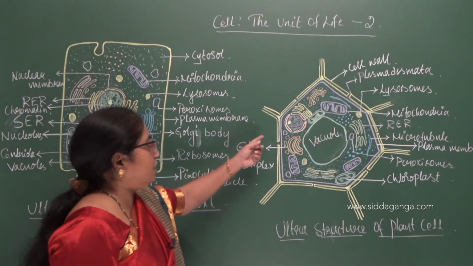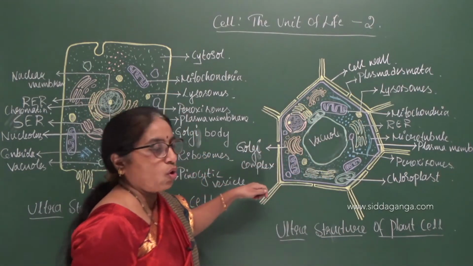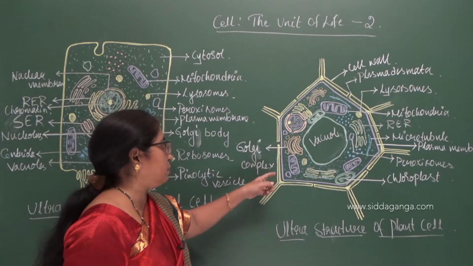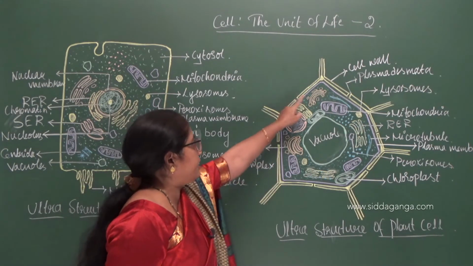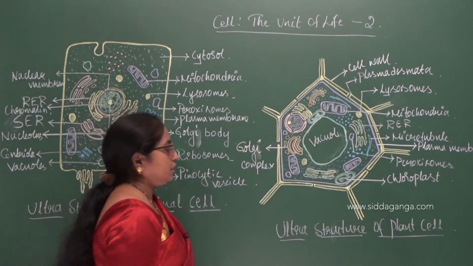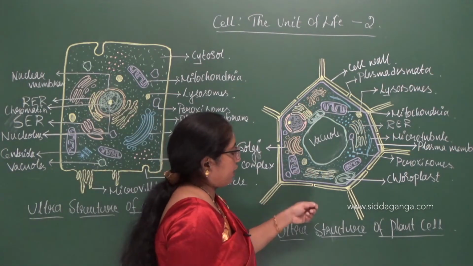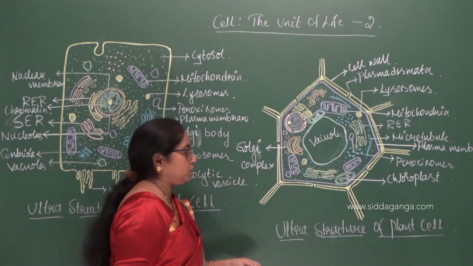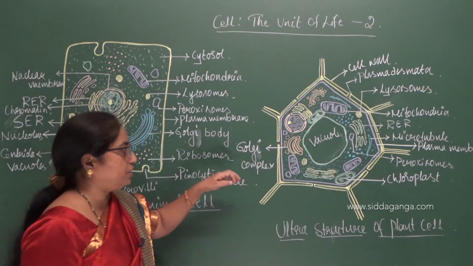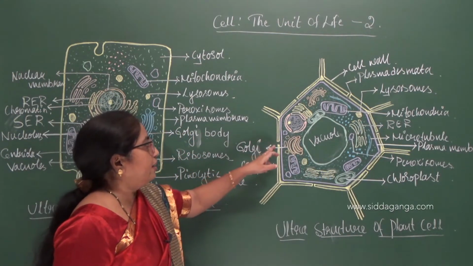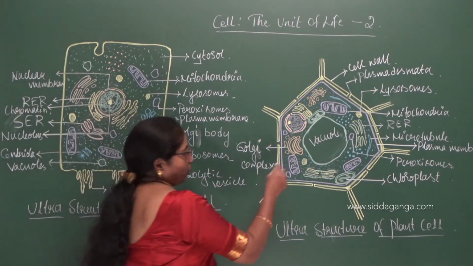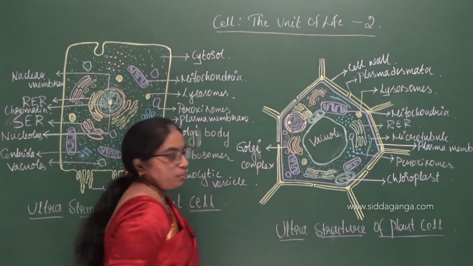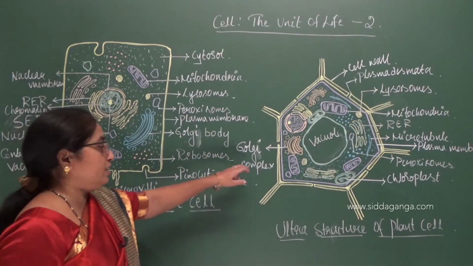You can see the outermost is the cell wall, and inner to the cell wall is the plasma membrane. In the cell wall we have tiny slits in between, which are called plasmodesmata, which create the intercellular connections and help in communication between adjacent cells. The plasma membrane can be seen inner to it, and inner to it is the cytoplasm, wherein so many organelles are embedded.